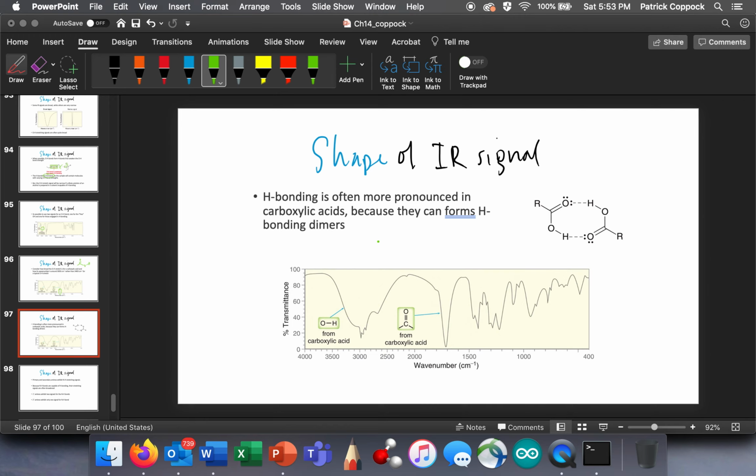Well, it's because carboxylic acids are capable of dimerizing. That is, they can make a less transient hydrogen bond. It's a much longer-lived hydrogen bond, and therefore it brings the whole population upfield a little bit closer to 3,000. Can you see the hydrogen bonds here? This is a bit of a busy structure.